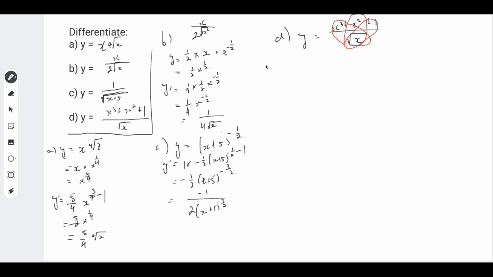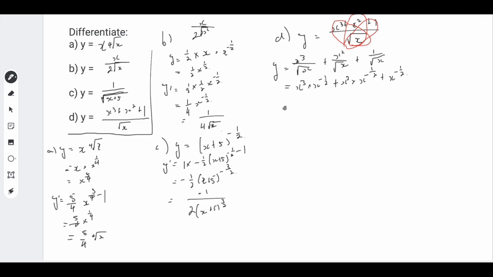So we're going to write that as y equals x cubed over root x plus x squared over root x plus 1 over root x. And now let's bring the root x's all to the top. So x cubed times x to the power of minus a half plus x squared times x to the power of minus a half, and then just plus x to the power of minus a half.